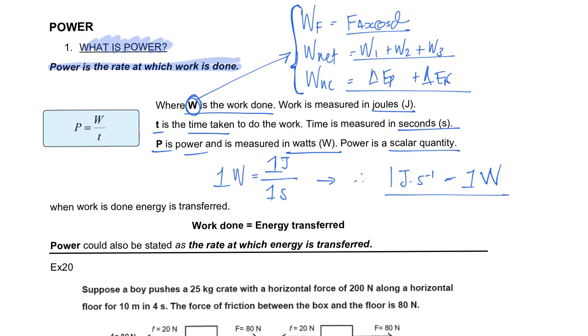Another thing that you should also notice that they do give you is they say that when work is done, you have an energy transfer. And because of that energy transfer, you also need to understand that power is the rate at which energy is transferred.